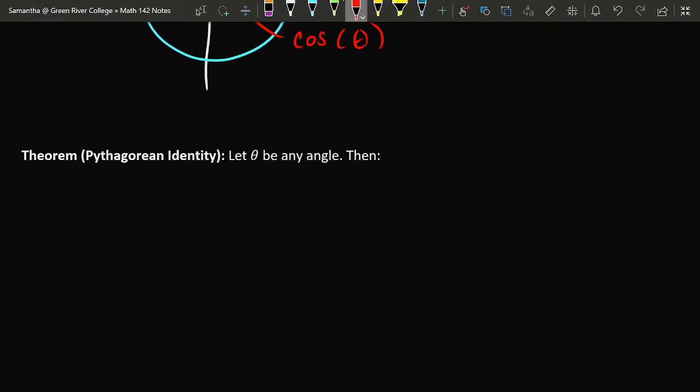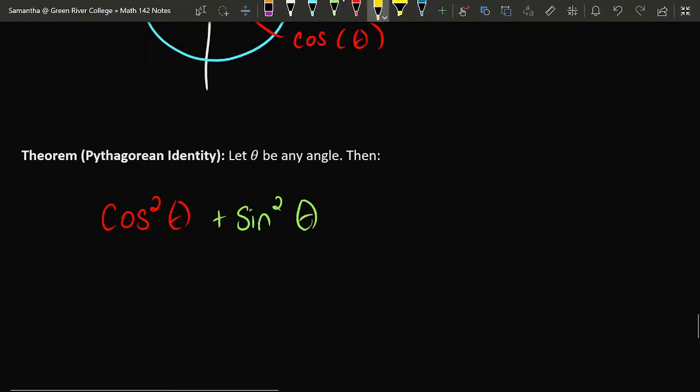If I take cosine squared of theta, that's our a squared, and add that to sine squared of the same angle theta, then the result is going to be equal to the hypotenuse squared, 1 squared, but that's just the same thing as 1. Notice that I'm using the alternative function notation for sine and cosine, no parentheses around theta, and the power is right next to the name of the function.